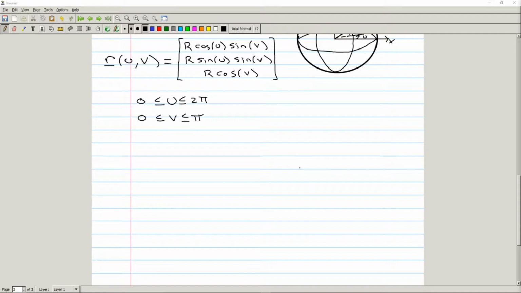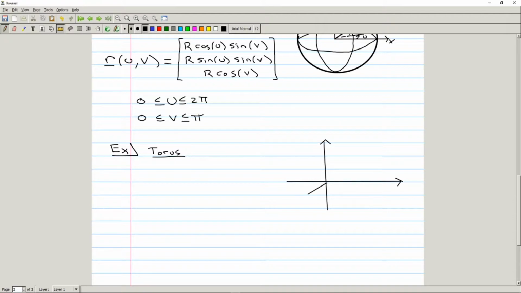So let's just consider one more example. We can consider the torus. And this came up earlier in one of our previous examples when we were talking about curves, where I mentioned the equations of the torus just briefly.